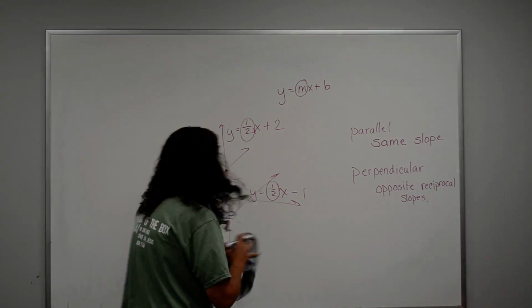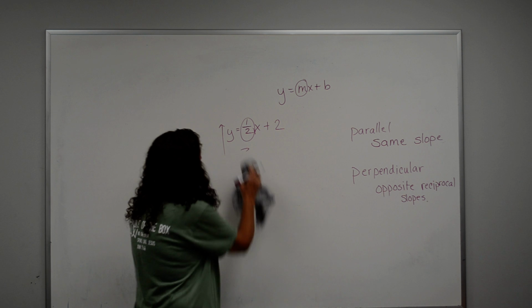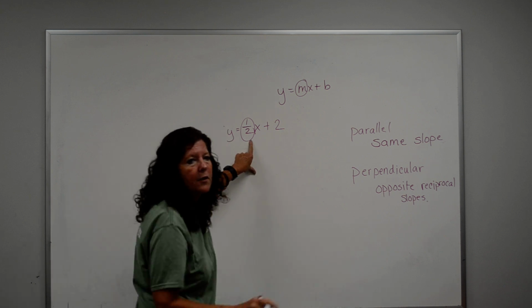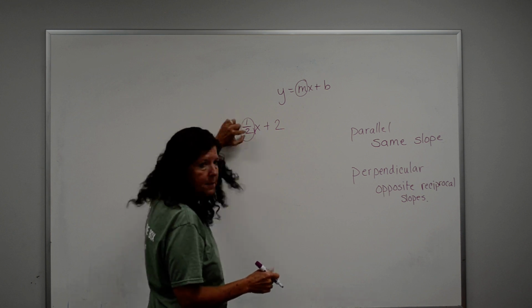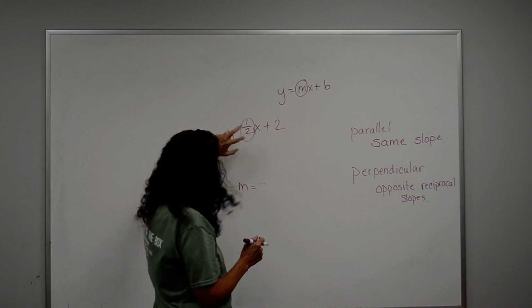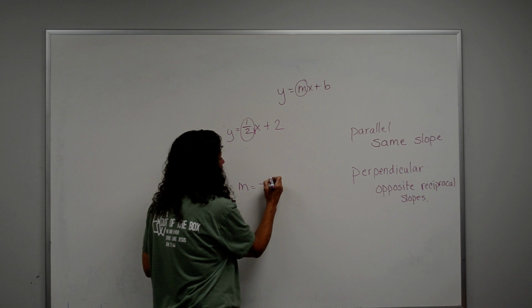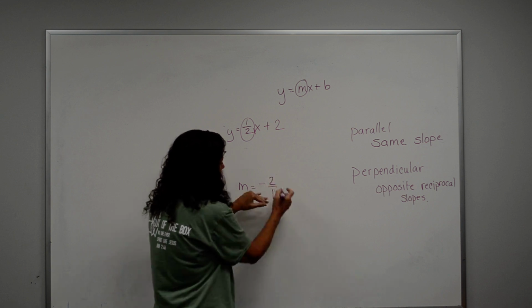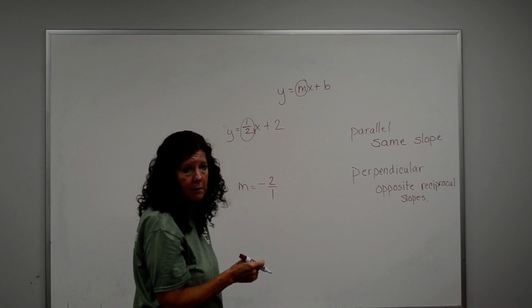So if I had that equation and I want to know what is the slope of the line that's perpendicular to that, opposite means if this is positive, then the slope I'm looking for is negative. Reciprocal means I'm going to flip it. So if this is 1/2, then the slope of its perpendicular line is -2/1.